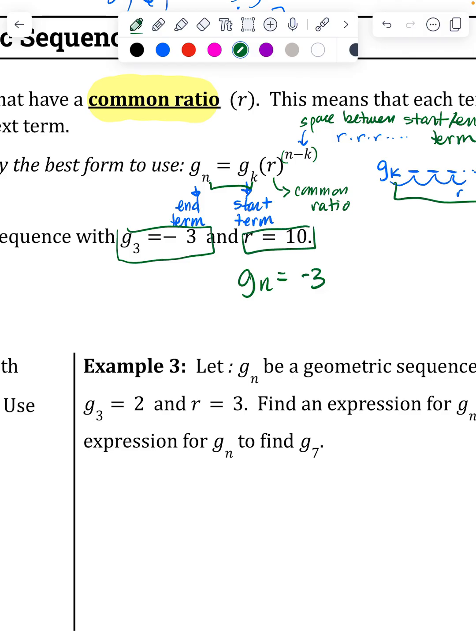They're telling me the R is 10, so I'm multiplying by 10, then by 10, then by 10, and the number of times is going to be how far it is from this third term to the nth term, so the difference between them. And I don't know what n is, so I use that in general and then -3, because that is the k value that I had, because that was the subscript of the starting term, and I had to start at what I knew. And then now I have a general formula, so I could find the 5th term by plugging in a 5. I could find the 10th term by plugging in a 10, and so on.